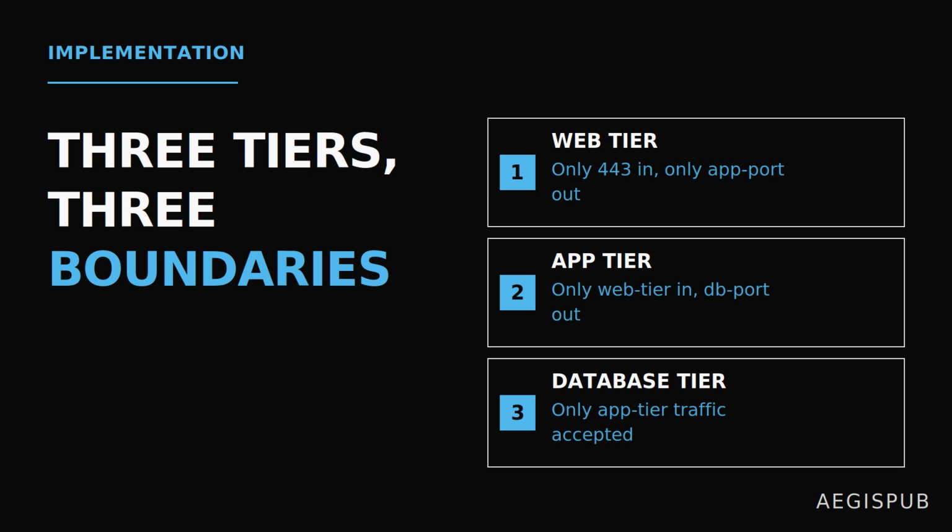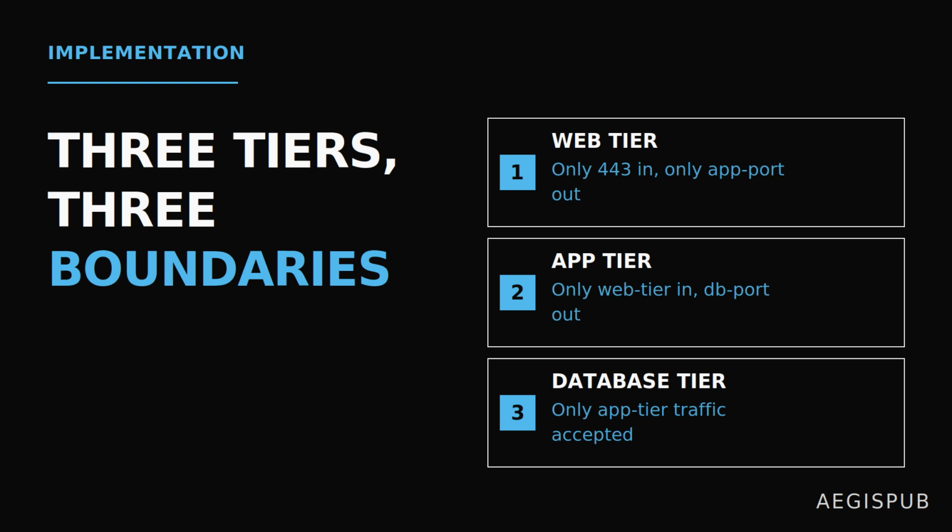Each tier should run with a dedicated IAM role that grants it access only to the AWS services or GCP services or Azure resources it needs to perform its function. The web tier's role can write to a specific CloudWatch log group and nothing else. The application tier's role can read from a specific S3 bucket and call a specific secrets manager path to retrieve database credentials and nothing else.